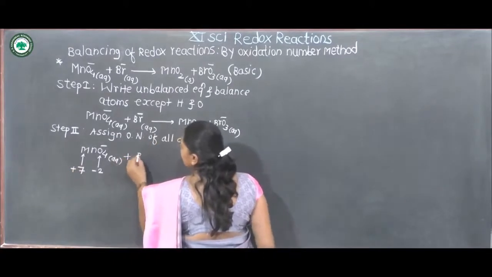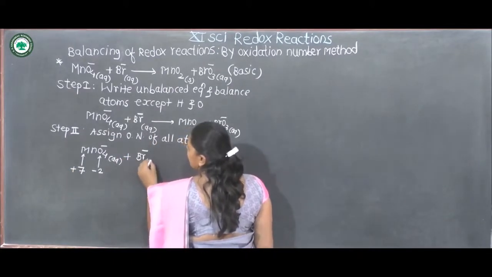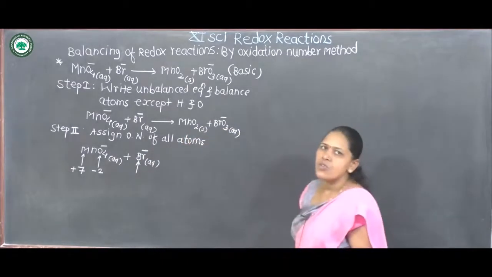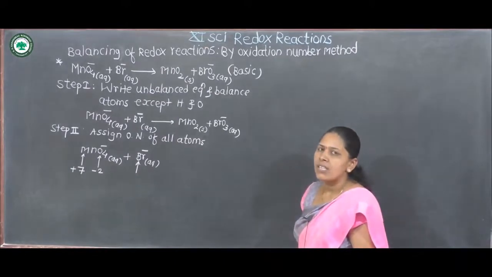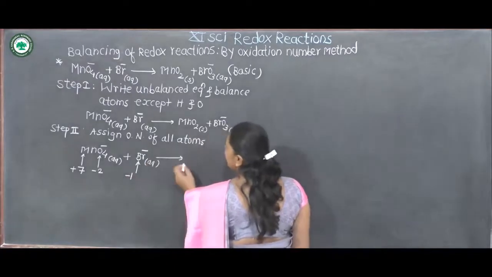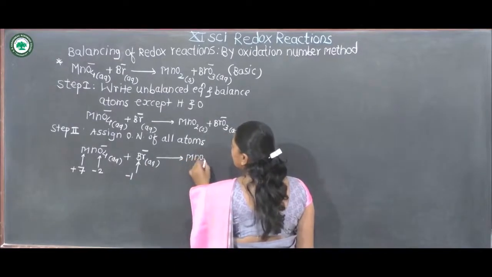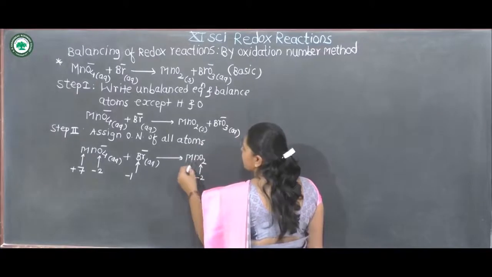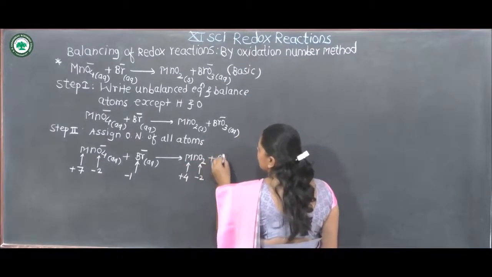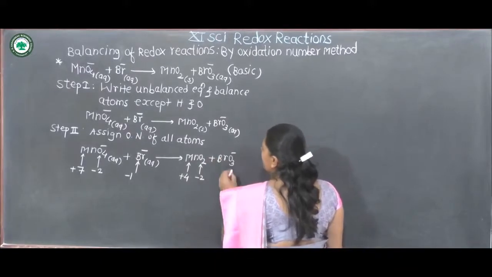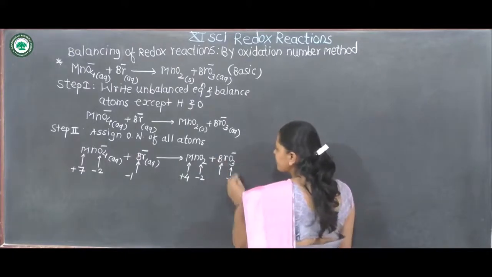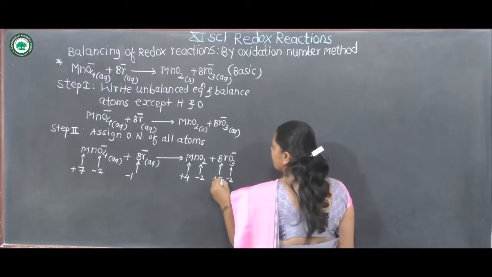Plus Br minus. It is a monoatomic ion. Therefore, its oxidation state is equal to its charge, that is -1. It gives MnO2, oxygen -2, therefore Mn plus 4, plus BrO3 minus, oxygen -2, bromine plus 5.